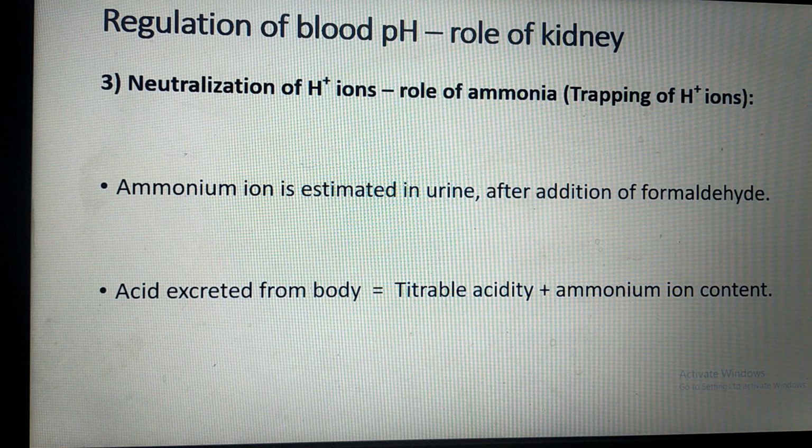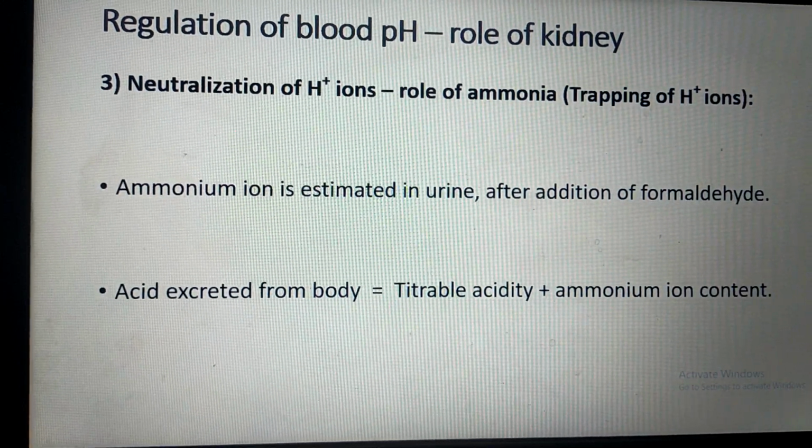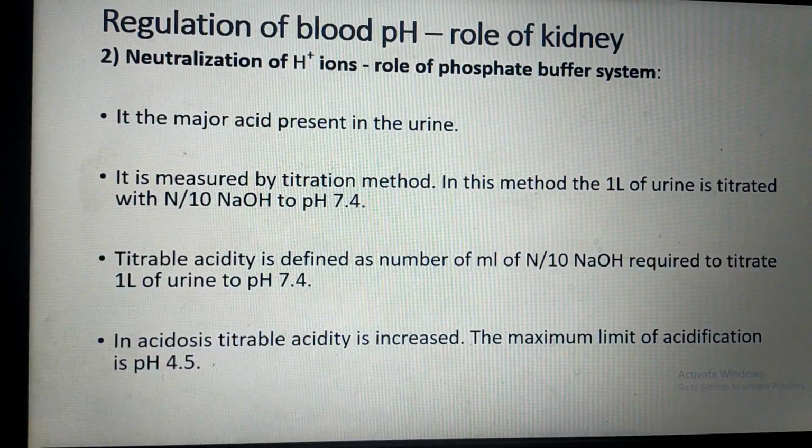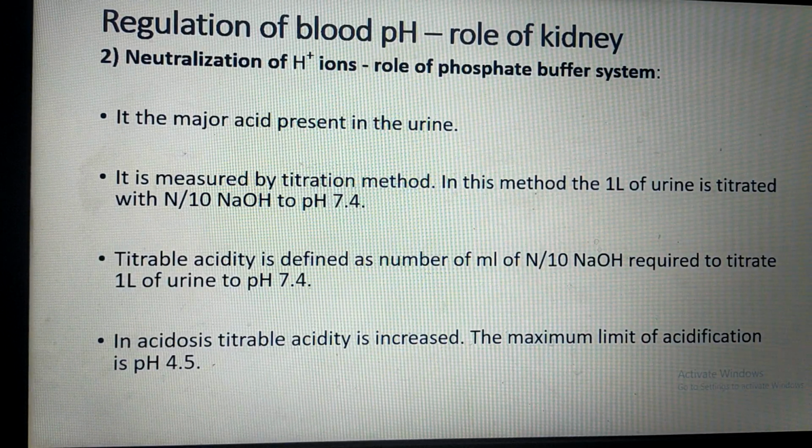If you want to measure how much ammonium ions are excreted, then it is measured by addition of formaldehyde to the urine, right? Here in this case we have measured how much H plus ions are neutralized by the phosphate buffer system by using N by 10 NaOH by titration method.